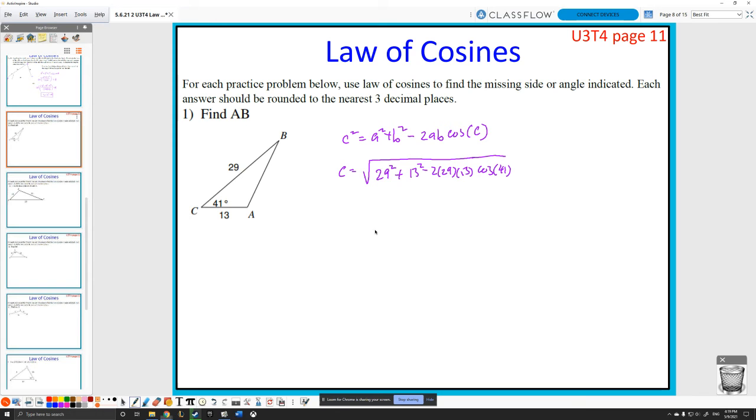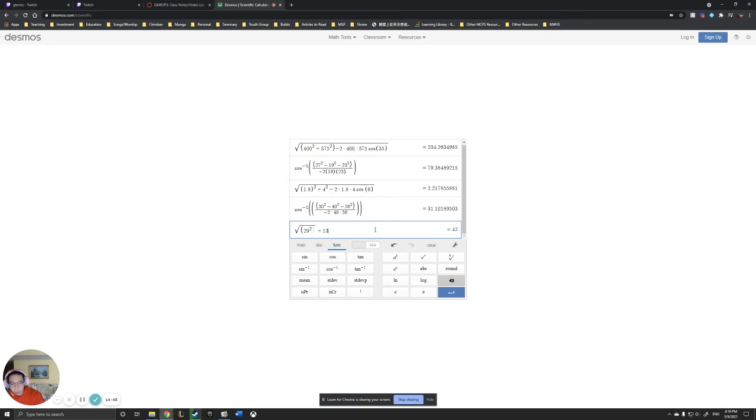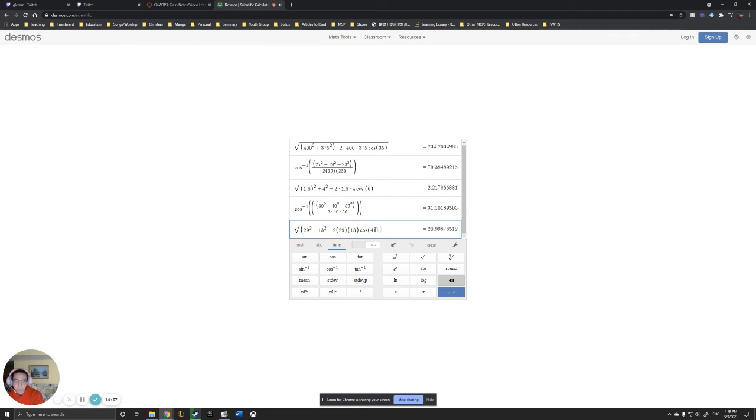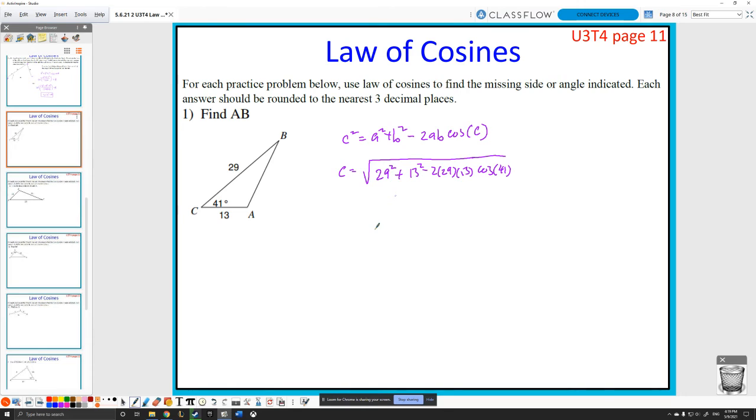I definitely would like to see you show your work in this manner at the very least. Cosine of 41. So I have 20.999. Now, this doesn't give us any units this time, but I'll just write units, whatever the units may be.